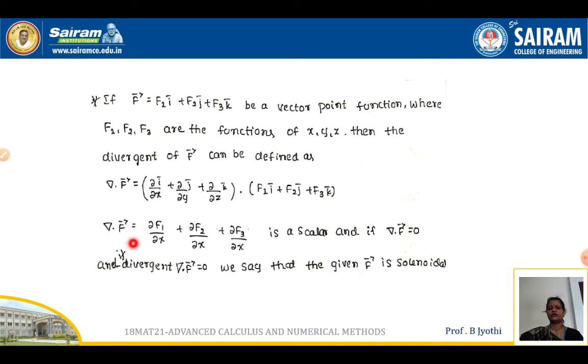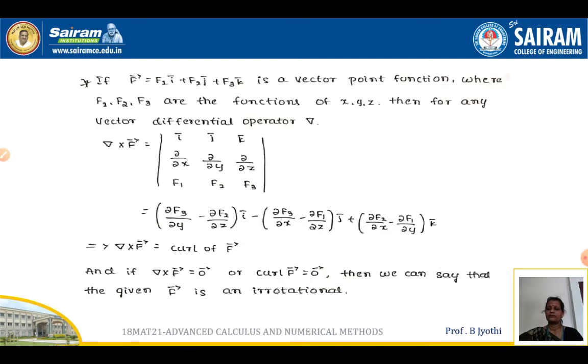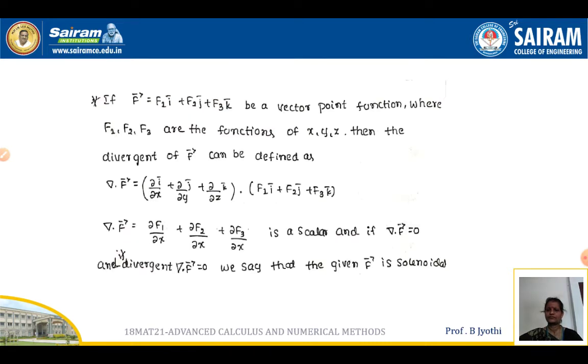When we do the dot product, we get dou f1 by dou x plus dou f2 by dou y plus dou f3 by dou z, which is a scalar. If del dot f is equal to 0, we say that the given f is solenoidal.